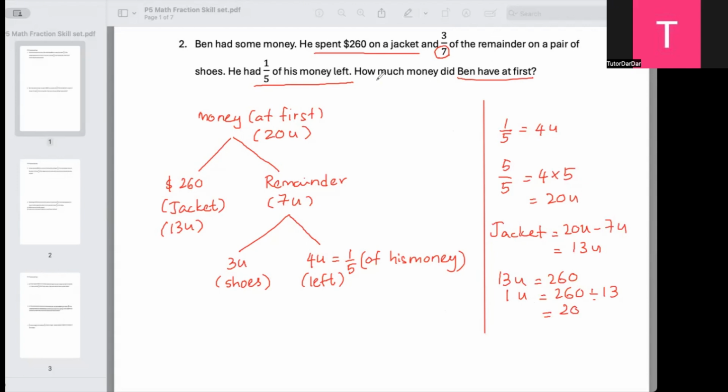So they want how much money did Ben have at first. So at first is going to be this 20U. So 20U is equal to 20 times 20 equal to 400. So the answer will be $400.